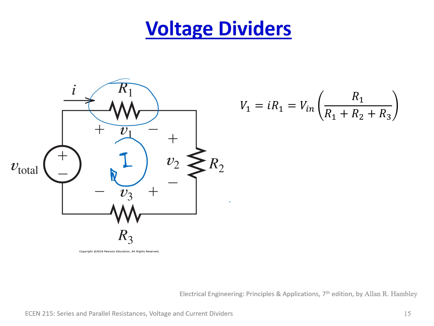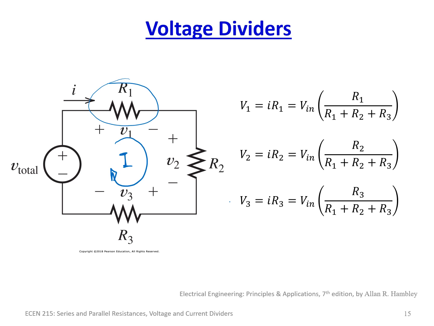So Vn divided by this part of the equation is the I, and then R1 gives you V1. Correspondingly, V2 is I R2, or R2 divided by R1 plus R2 plus R3 times Vn. And voltage number 3 is the same thing, Vn times R3 over R1 plus R2 plus R3.